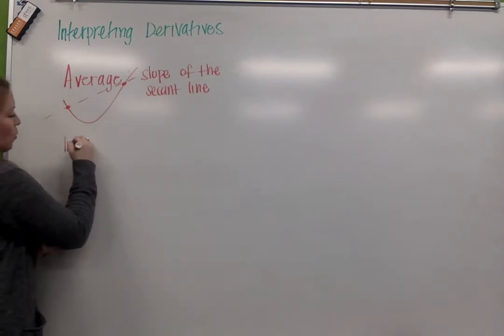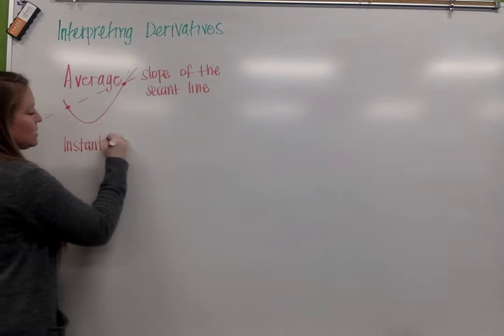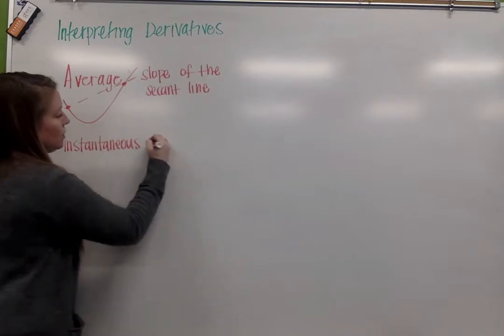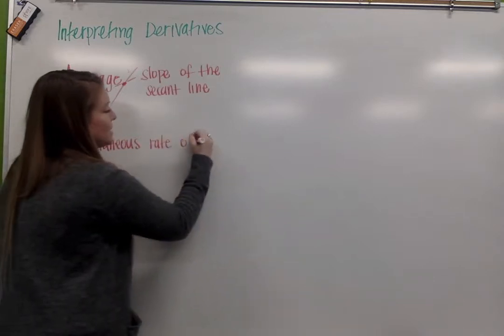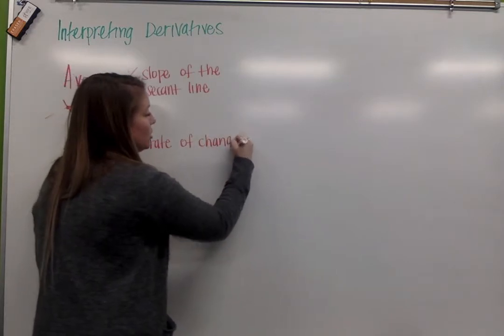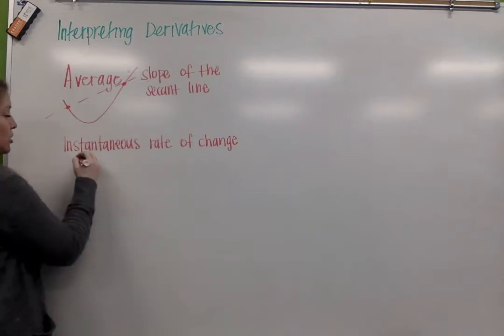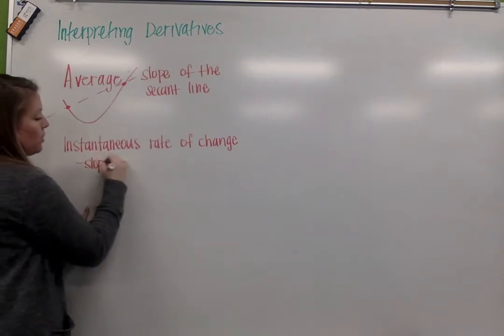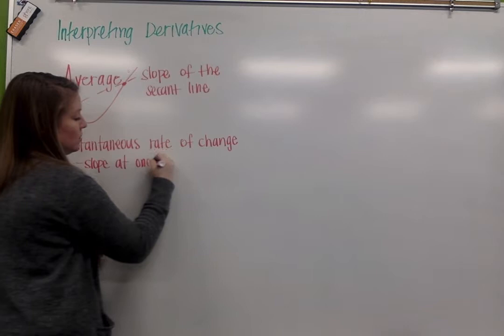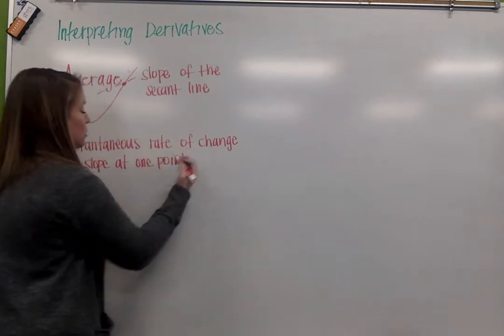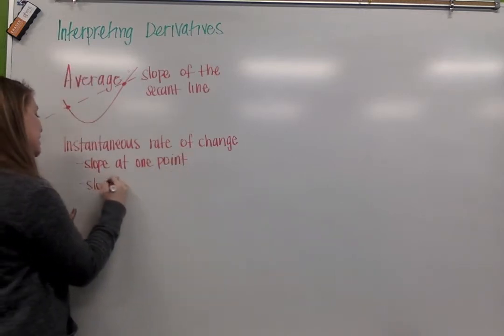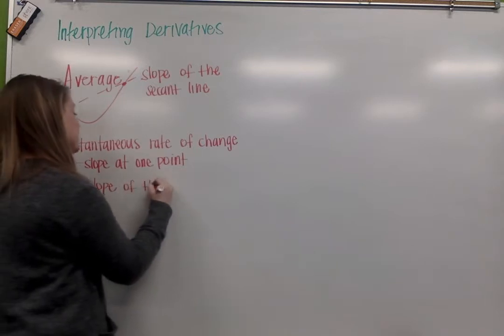All right? We've talked about instantaneous rate of change. An instantaneous rate of change, instead of finding the slope between 2 points, which is an average, we're going to find the slope at 1 point. The slope at this 1 point is the same as the slope of the tangent line.